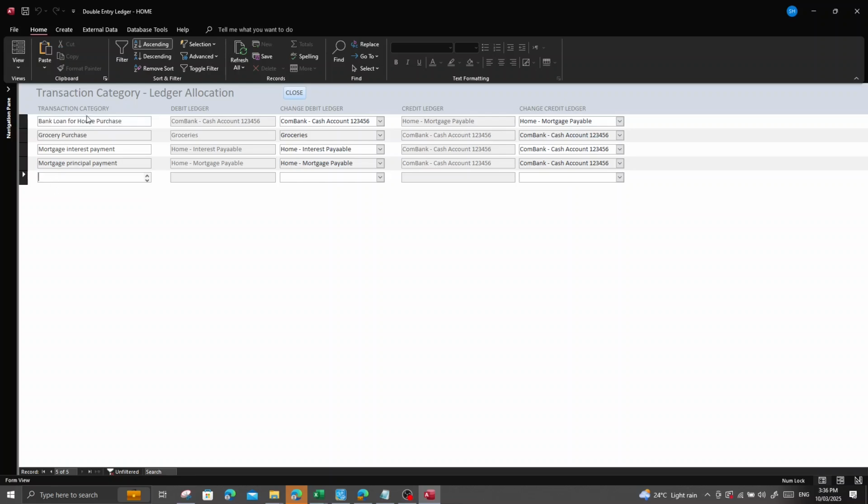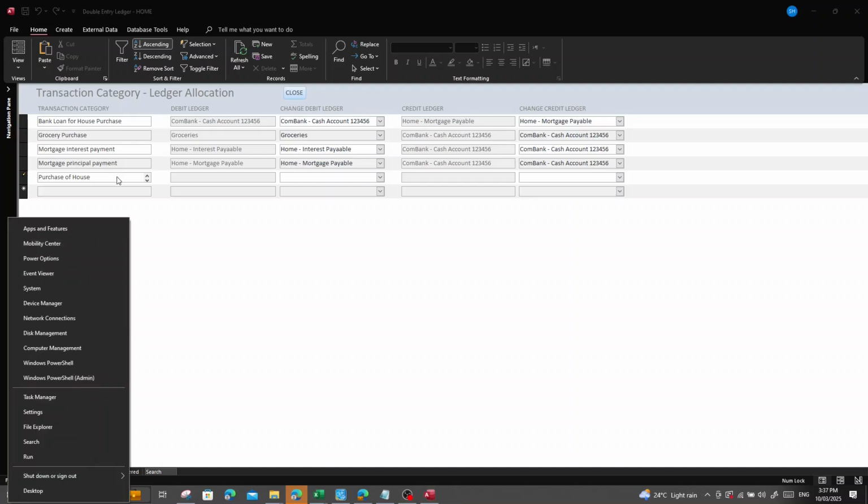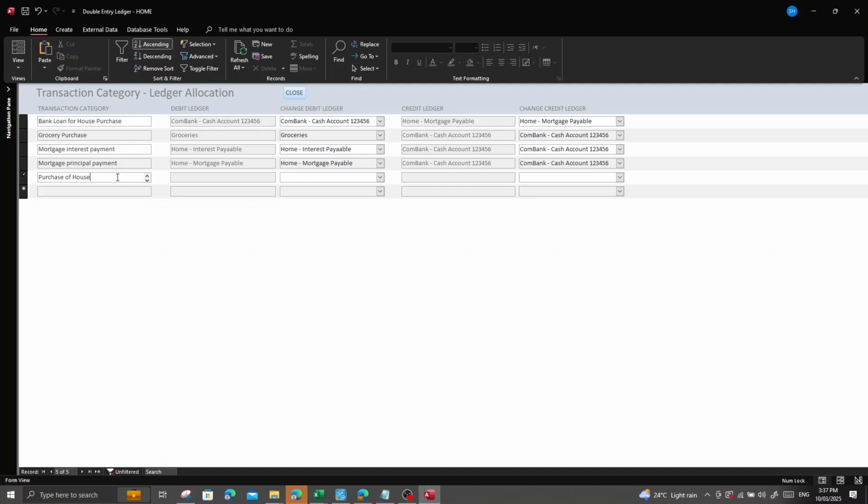So what I want is the transaction category for the purchase of the house. These ones are not necessarily going to be repetitive transactions because one wouldn't be purchasing a house very often, but we will set it up for demonstration purposes.